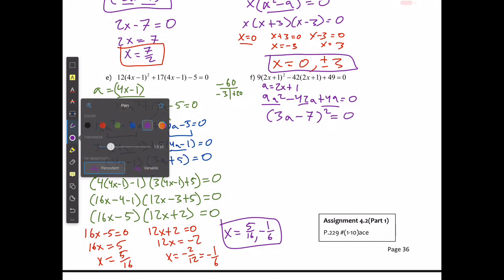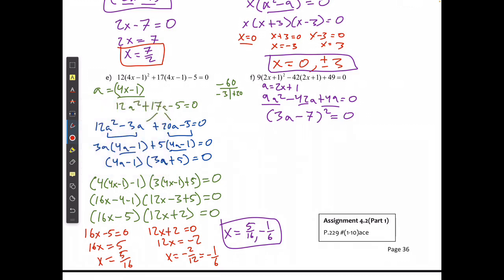And then I'm going to substitute the value of a back in. 3 bracket 2x plus 1 minus 7 squared is equal to 0, or 6x plus 3 minus 7 squared is equal to 0. 6x minus 4 squared is equal to 0.